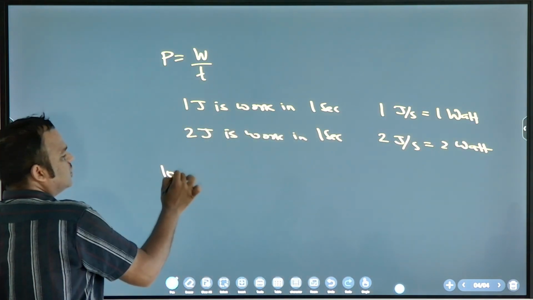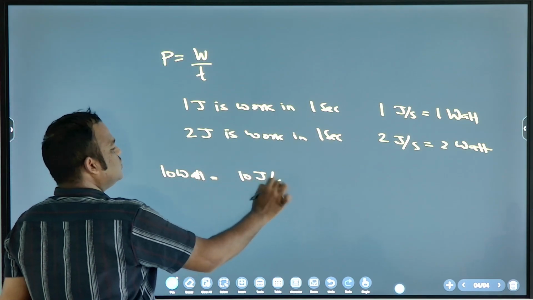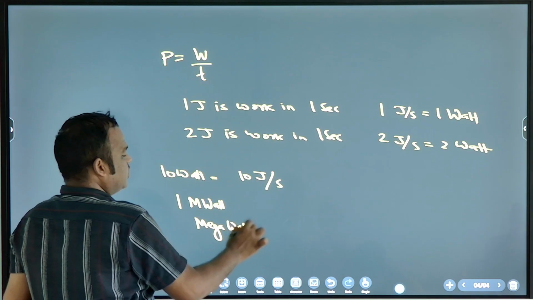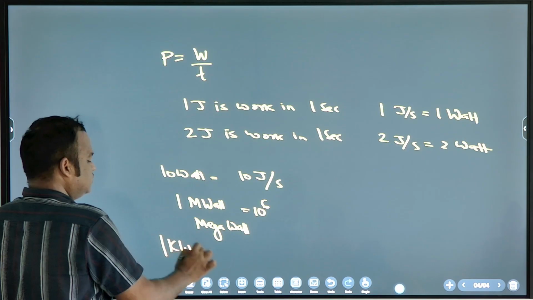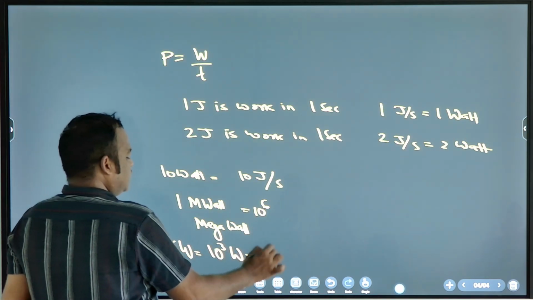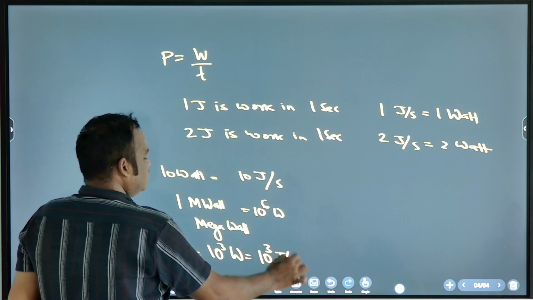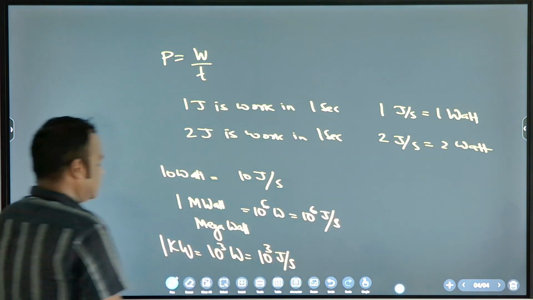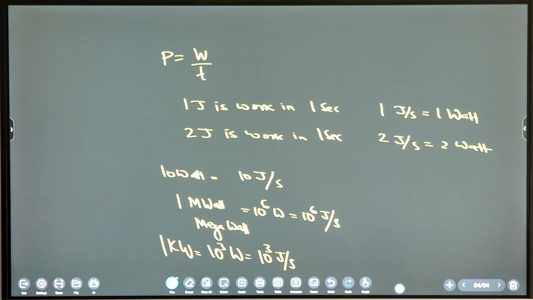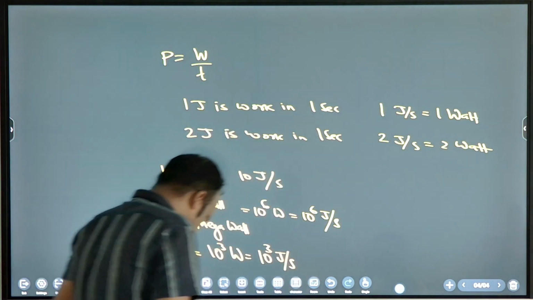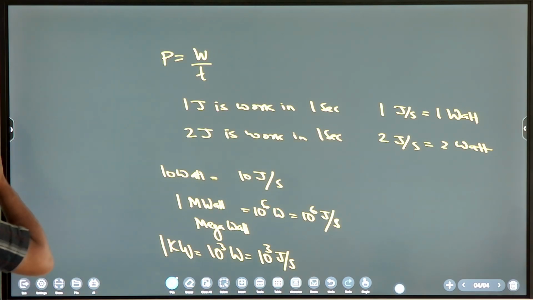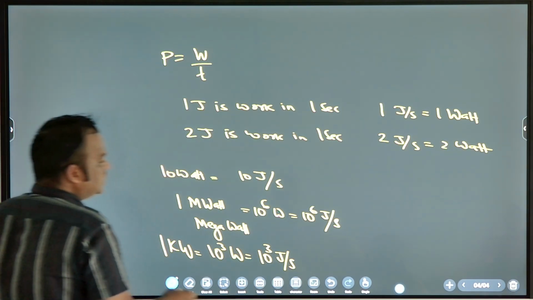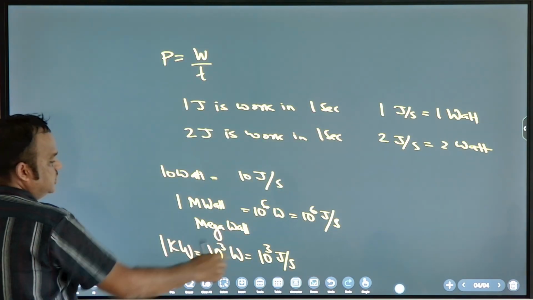So what do you mean by 10 watt? 10 watt means 10 joule per second. 1 megawatt, you know megawatt? 10 power 6 watt, so 10 power 6 joule per second. 1 kilowatt is 10 power 3 watt, which is 10 power 3 joule per second. Note down.